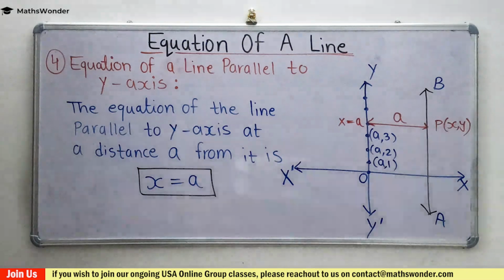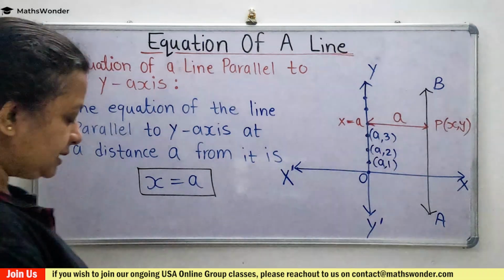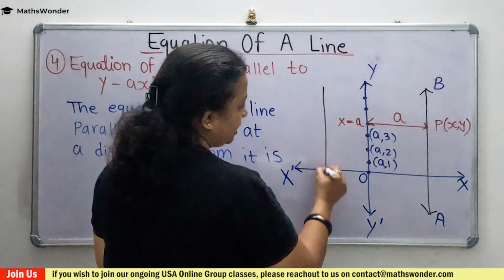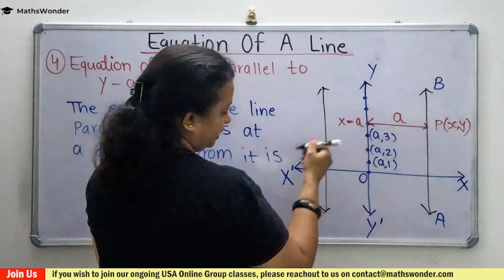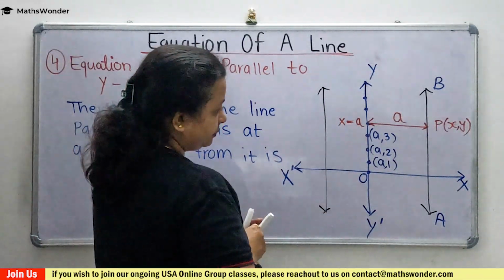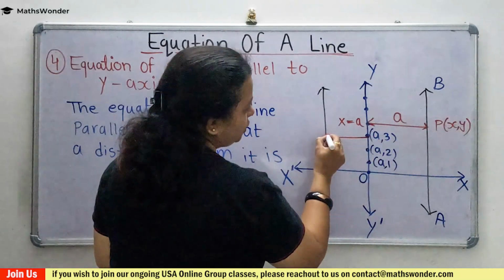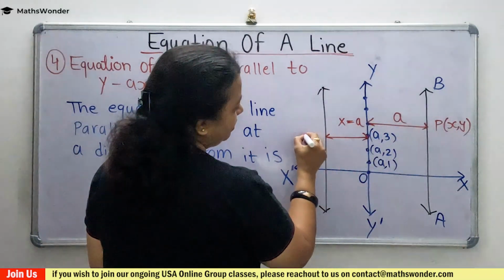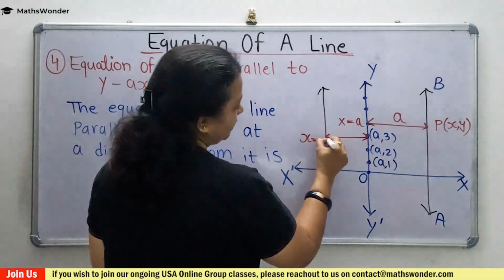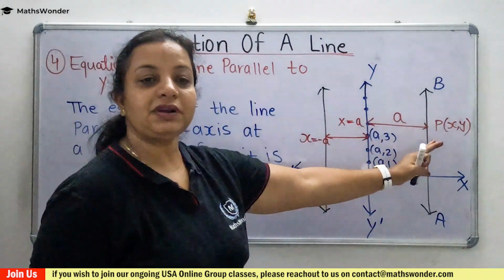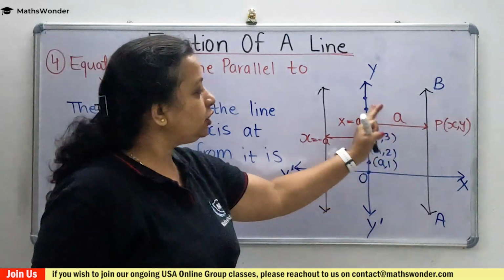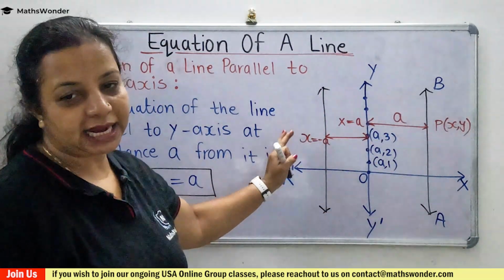Now the same thing. If a line is parallel to the y-axis at a distance from it and to the left of the y-axis, then the equation will be the same thing. If I draw it here, okay. So your x will be negative a. When you draw it on the right side, it will give the positive value. If we draw it on the left side, it will give the negative value.